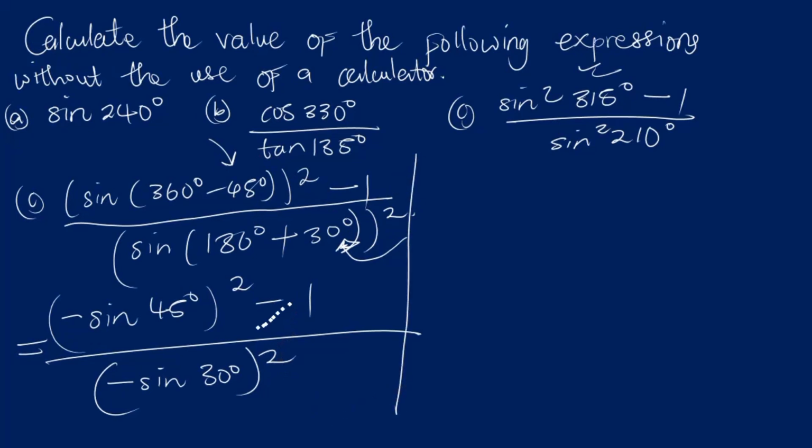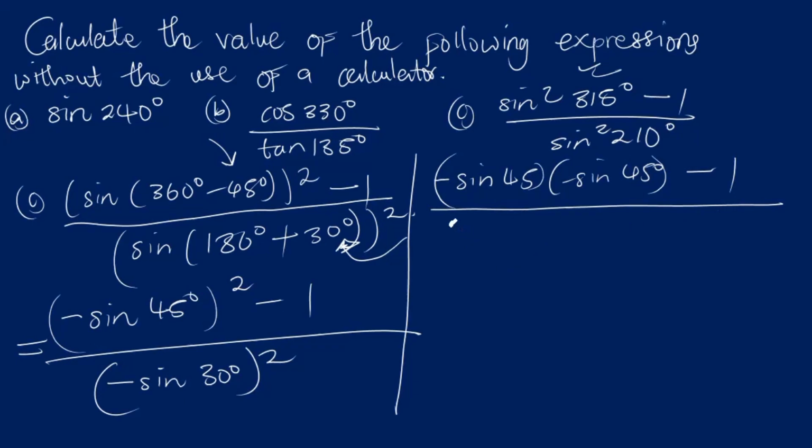So now in this case, this is the same as us having negative sine of 45 degrees multiplied by a negative sine of 45 degrees. And then we have a minus 1 all over. I have negative sine of 30 degrees all over the negative sine of 30 degrees, because it's also squared, right?